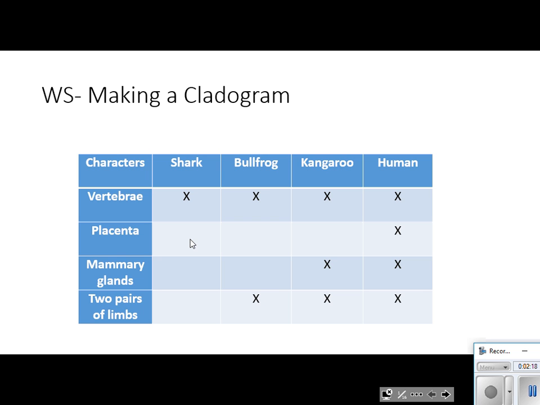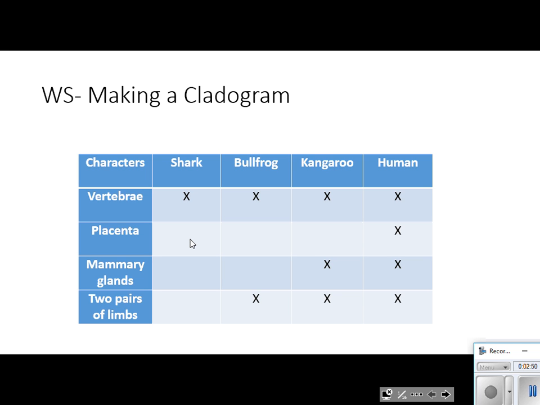The vertebrae and the shark is the animal. Why did you say that, Fletcher? Every animal has the vertebrae. So we're going to put circles inside of that biggest circle. The biggest circle has to be one that everything has.